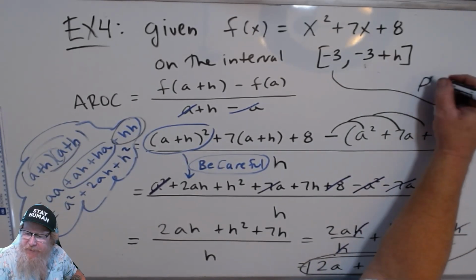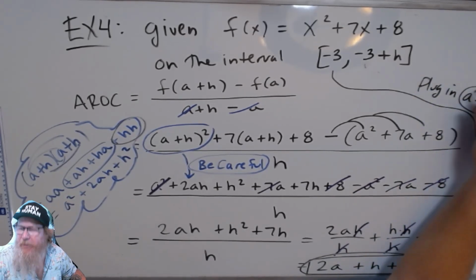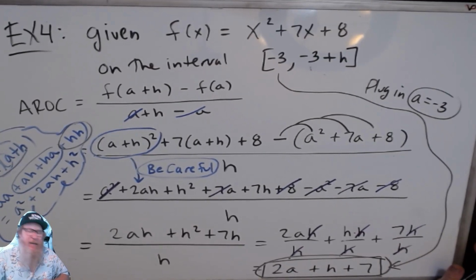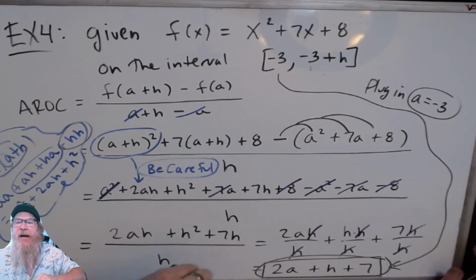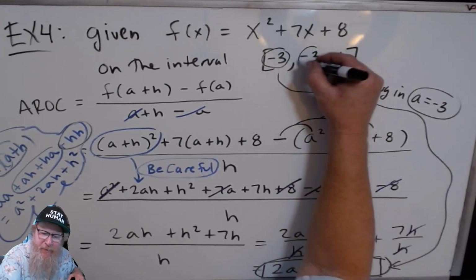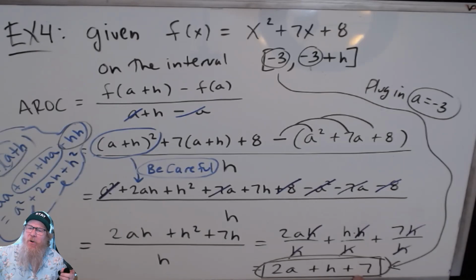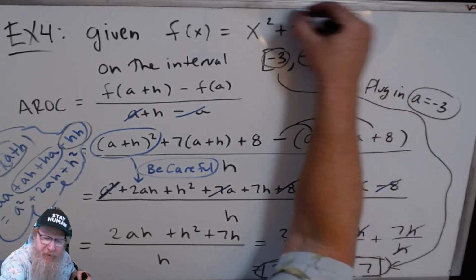So all I have to do is plug in -3 for a. And I don't know what number you're going to get. You might get -3. You might get -5. You might get 2. The a will change, but this slope is a recipe for this particular function.